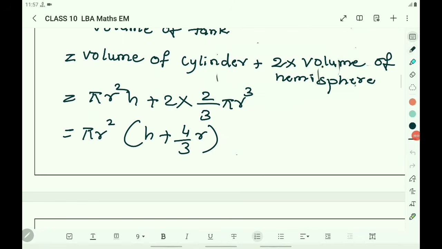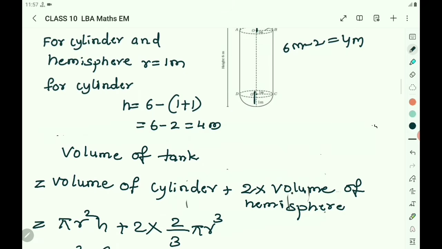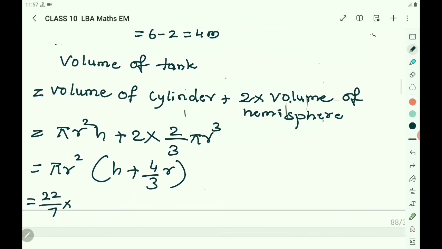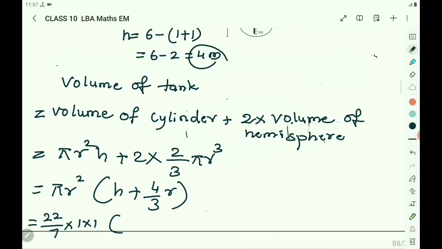Pi is equal to 22 by 7. R value is 1, r square means 1 into 1. H value is 4. Then you write plus 4 by 3 into r.